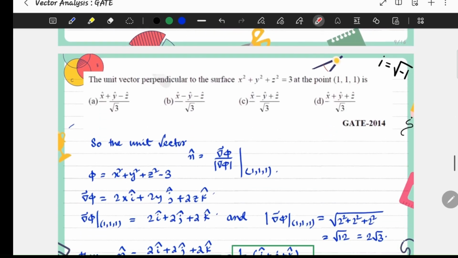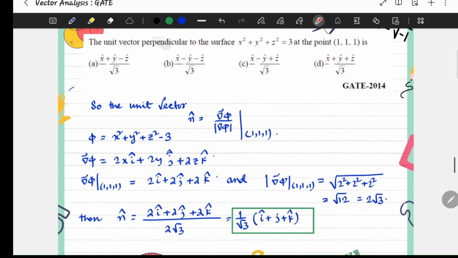Okay, chalo. Next question, the unit vector perpendicular to this surface at the point (1,1,1). This is the same kind of question we already solved. The unit vector is grad phi by modulus of grad phi, and phi means this surface x square plus y square plus z square minus 3. So just put this phi. If you take grad phi, you will get 2x i cap, 2y j cap, 2z k cap.